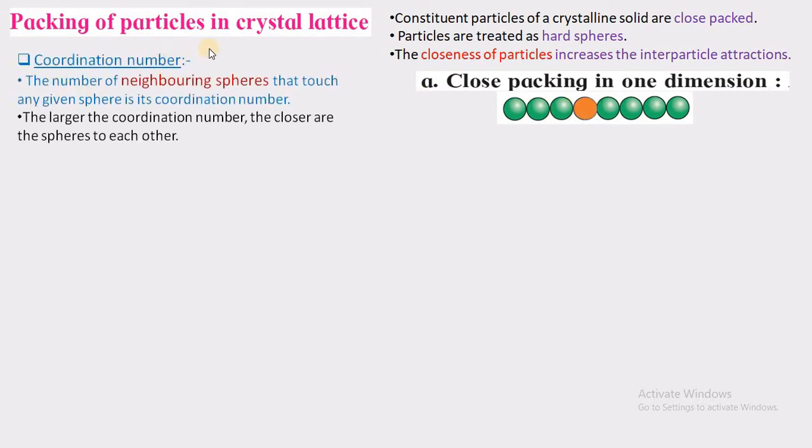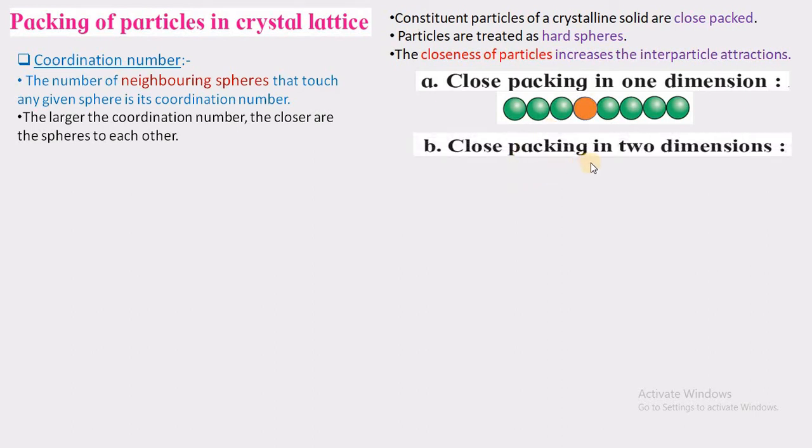The number of neighboring spheres that touch any given sphere is its coordination number. Hence in one dimension, in such an arrangement, the coordination number of this sphere is 2.